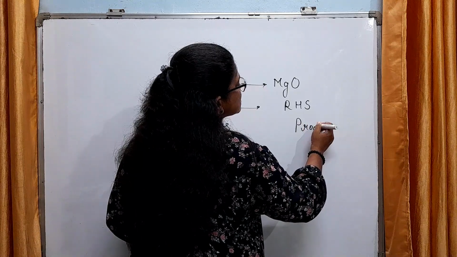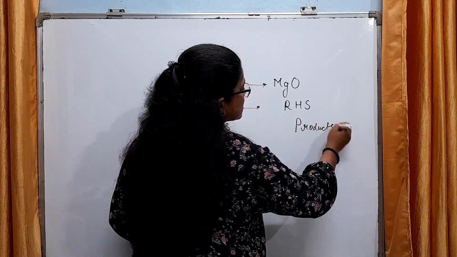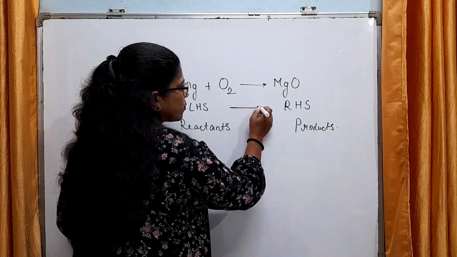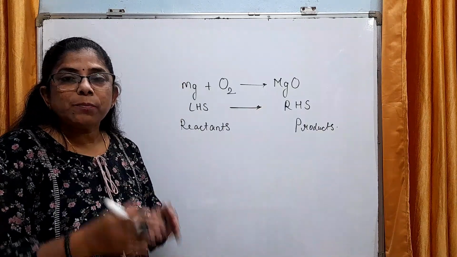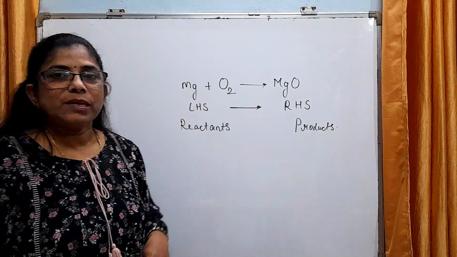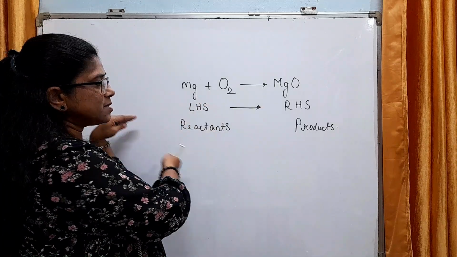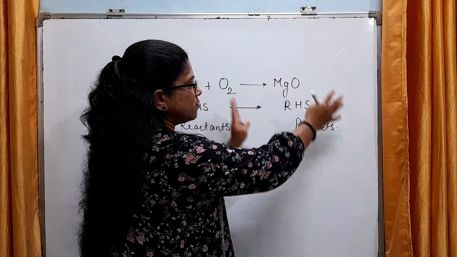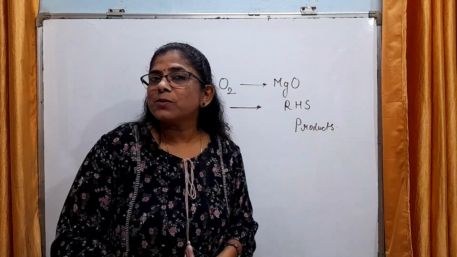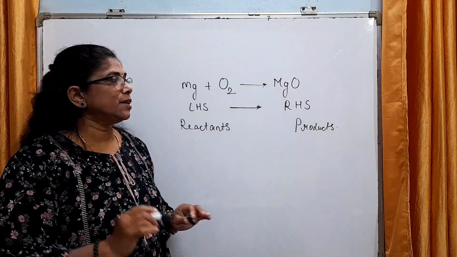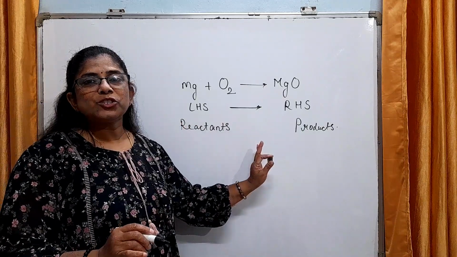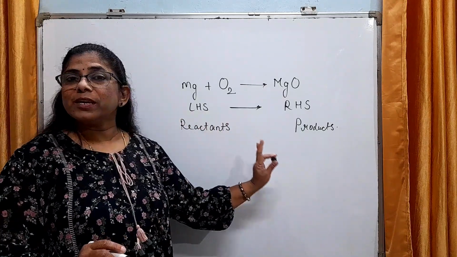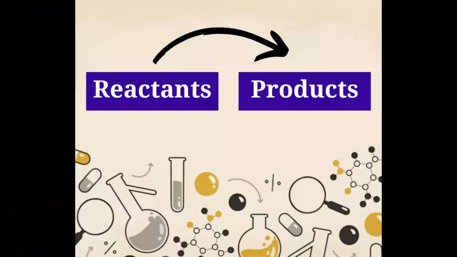So on this RHS side comes products. This arrow represents the direction. Reactants start their journey towards RHS, and we get this product. So this is how we write the chemical equation, that is representation of any chemical reaction.